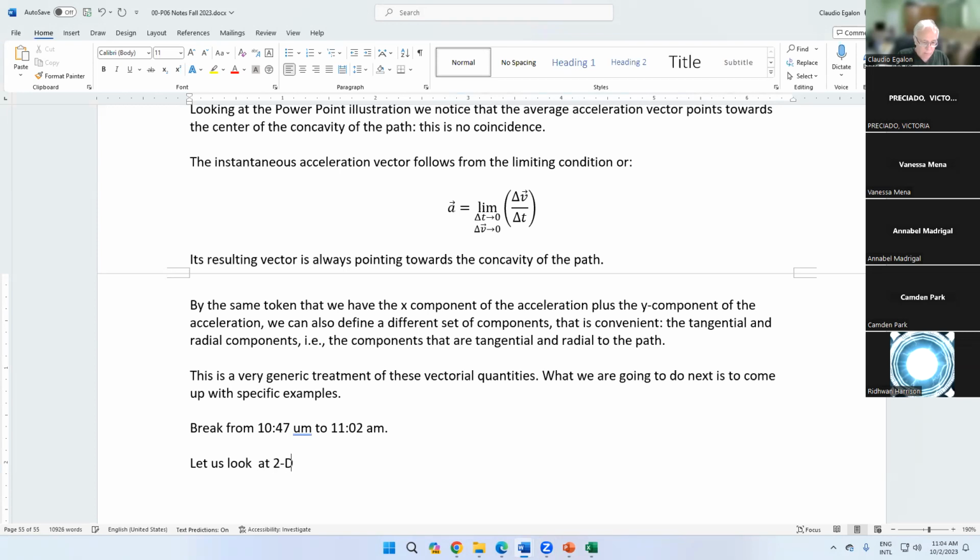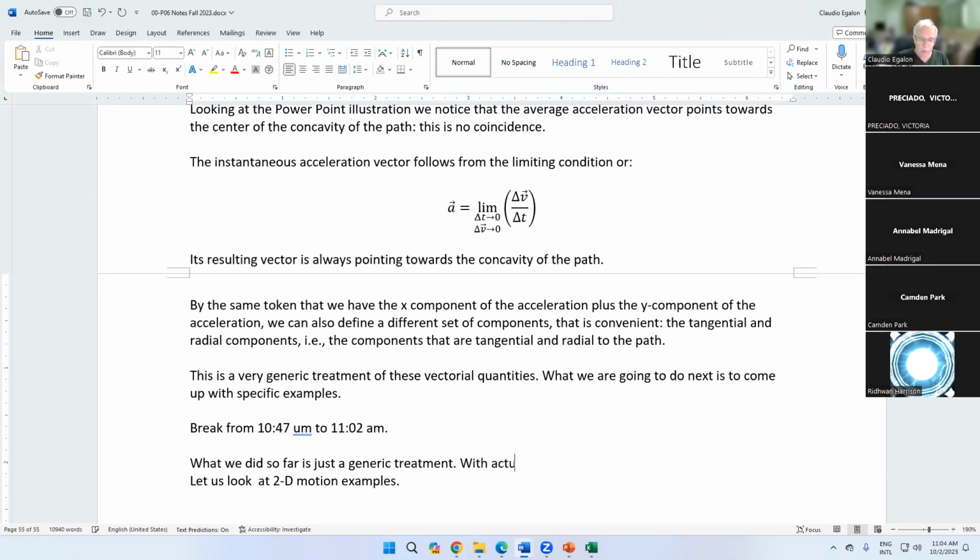At 2D motion examples, right? What we did so far is just a generic treatment.